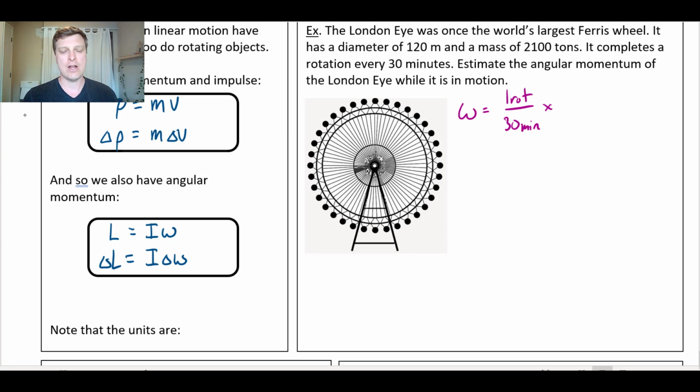So I know that there's going to be 2 pi radians for every one rotation. And that's going to take care of my rotation. And of course, I want this in radians per second, so I have to deal with the minutes, which means I'm going to multiply this by 1 minute for every 60 seconds, and then you can see my minutes cancel out. If I do that whole calculation, then my angular velocity will be in radians per second, which is what I need it to be in.